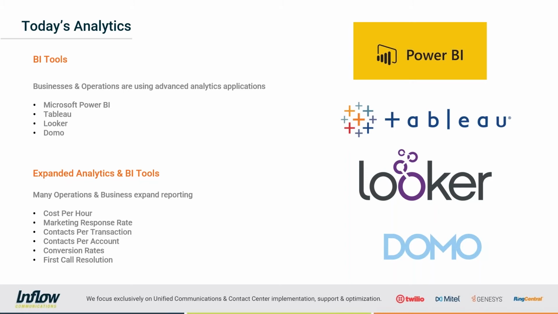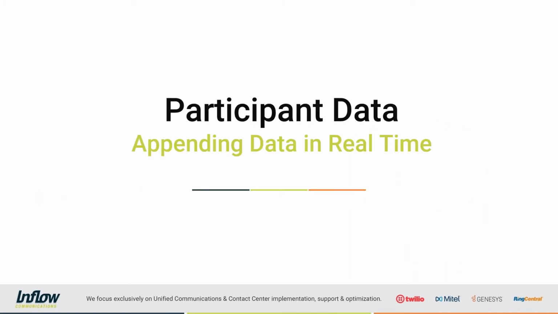The idea behind first call resolution is to satisfy the customer in one phone call, but this is where having the ability to look at a ticket identifier, for example, to see how many contacts it required the organization or the customer to make related to this ticket to satisfy the needs, gives us a much richer way to get to first call resolution. So I put this up in expanded analytics because it is critical for a lot of organizations.